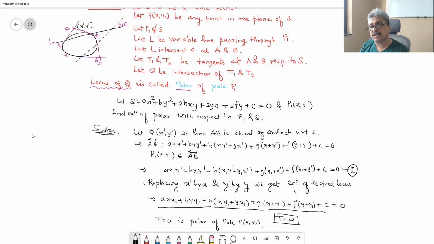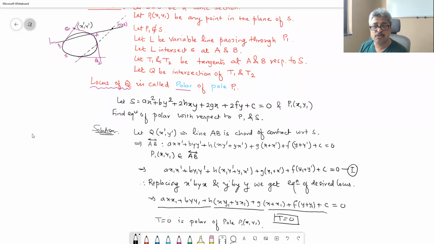If the point is on the curve, it's a tangent. If the point is not on the curve, it's a chord of contact. If the point is a pole, then T is equal to 0 is a polar. That means whatever locus that we have defined right now, if you draw any variable line passing through P, it intersects the curve at 2 points.